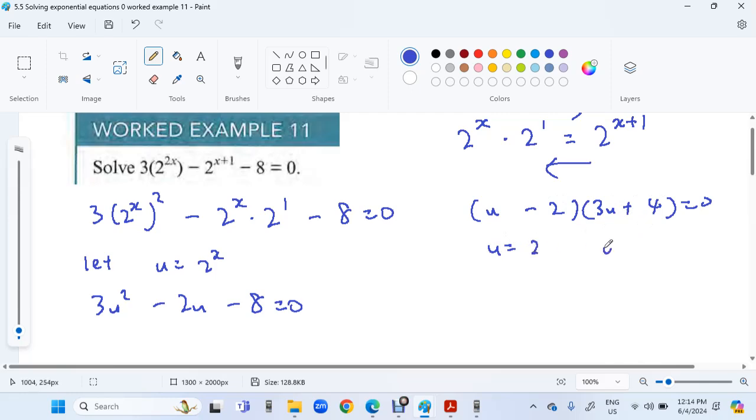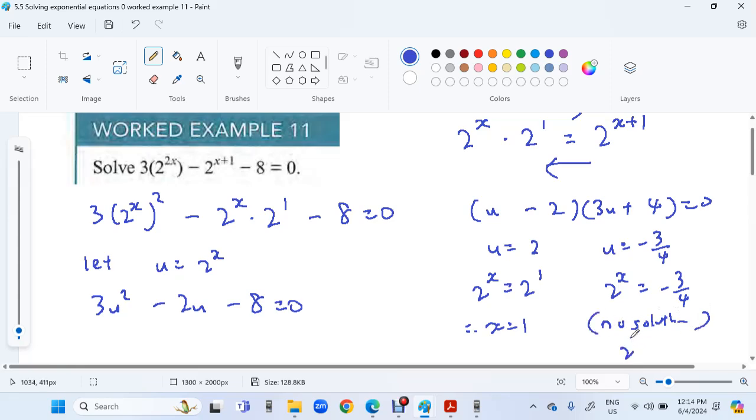So u equals 2, or u equals negative 4 over 3. Then 2 to the power x equals 2 to the power 1, so x equals 1. And 2 to the power x equals negative 4 over 3 has no solution, because 2 to the power x is greater than 0, so it will never become negative or 0.